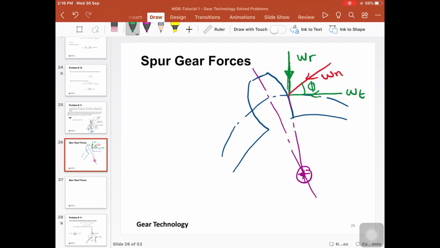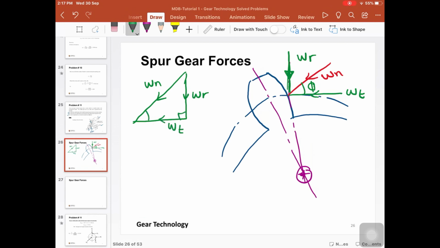Okay, so if we draw this force triangle, we have a triangle here. This is Wn, which is the normal force. This is Wr, which is the radial force. This is Wt, which is the tangential force.